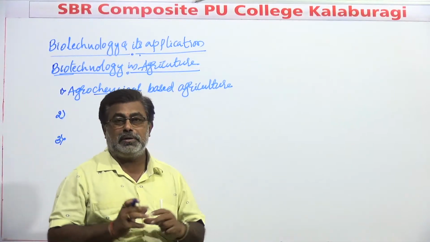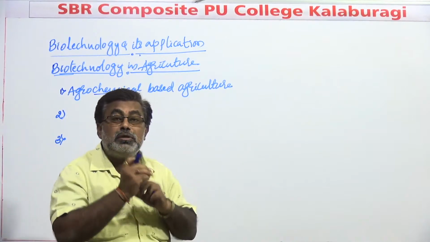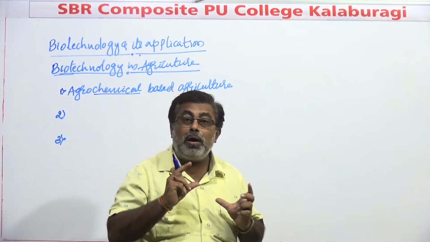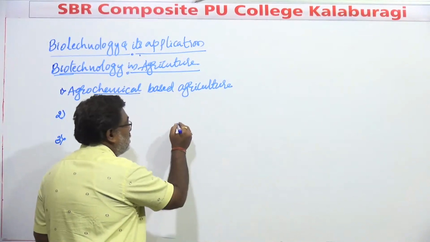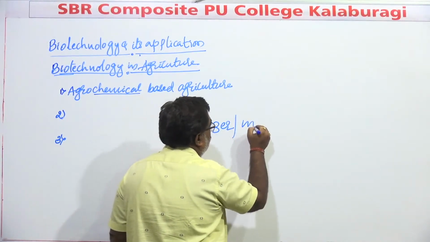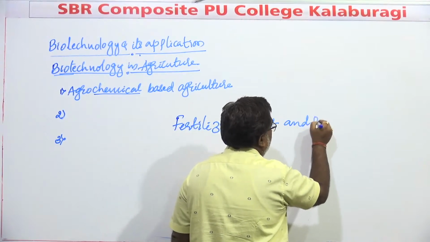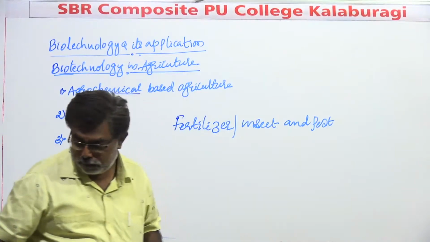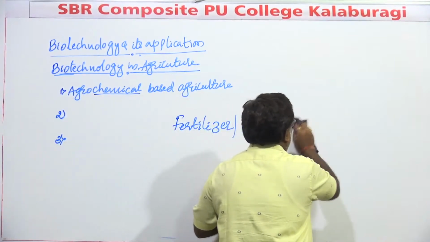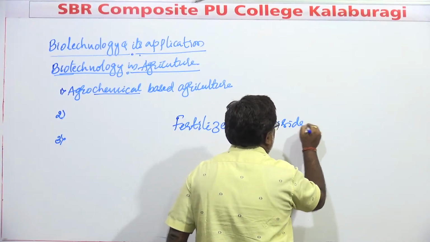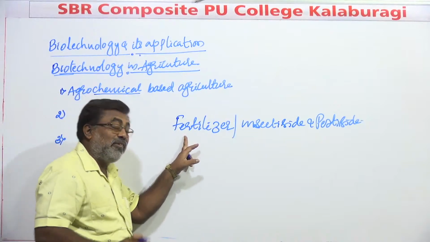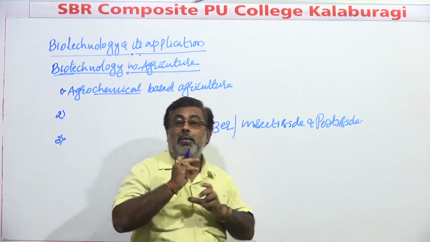Agrochemical based agriculture means chemicals. For the agriculture purpose, earlier the farmers or agriculturists used chemicals. Those chemicals were in the form of fertilizers, insecticides and pesticides.